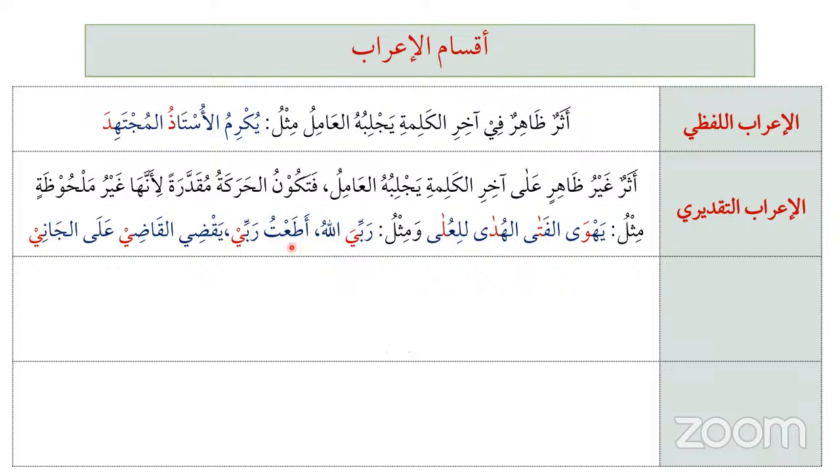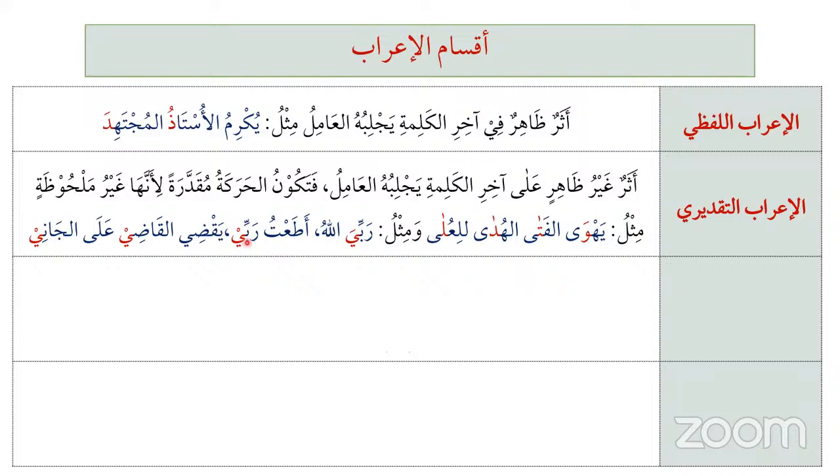Let's look at another example. Ata'tu Rabbi, I obeyed my Lord. Now, the word Lord, before the ya al-mutakallim, would be Rabban. So it should have had a fatha. But the fact that you're making it muzaf towards ya al-mutakallim and saying my Lord, now the i'rab is happening behind the scenes.